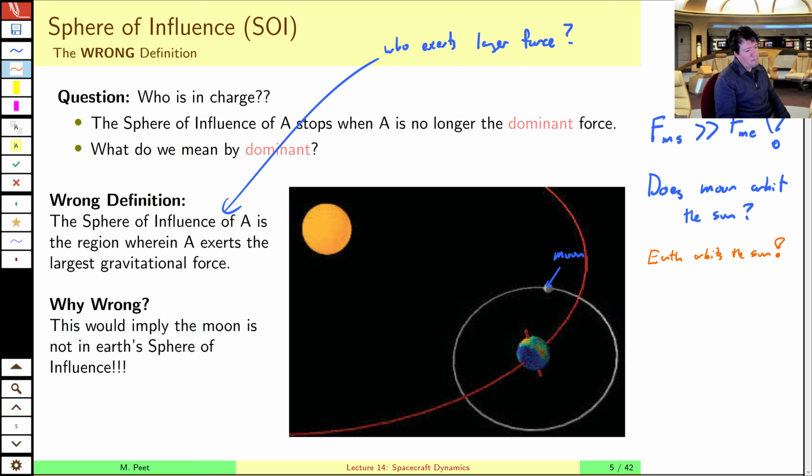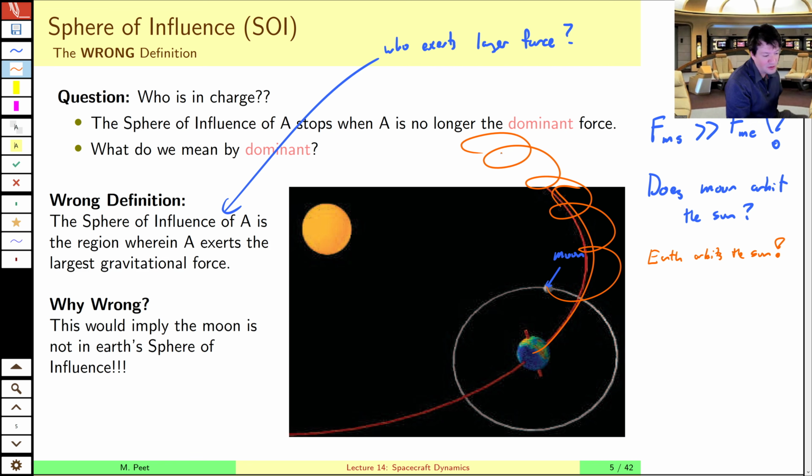So what does that mean? The moon is going around the sun. It happens to be orbiting Earth while it does so. So technically, the moon is orbiting the sun. It just has this sort of perturbed motion. It is going around the sun. So that's an interesting observation, right?